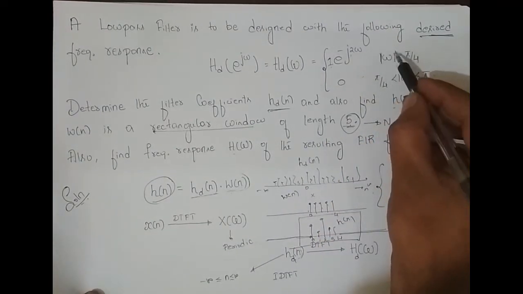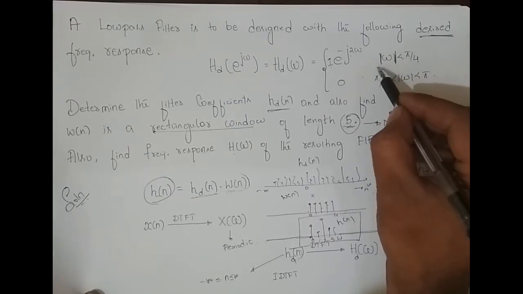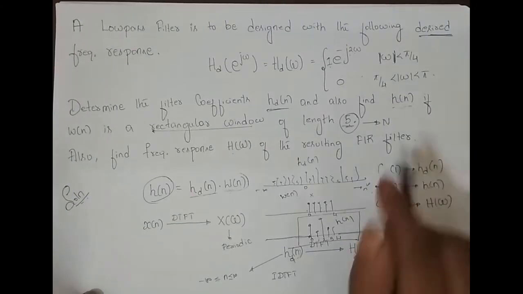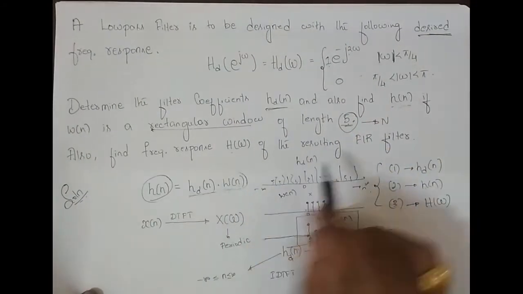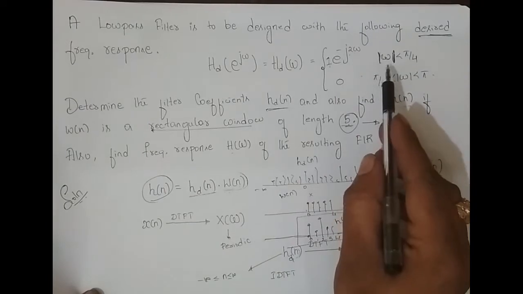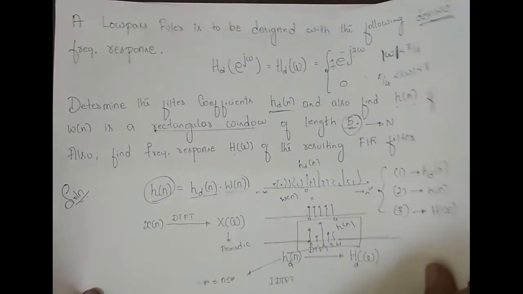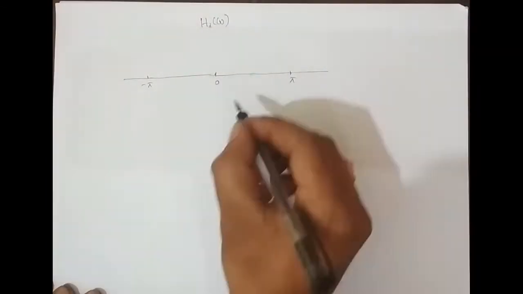When I say magnitude, I have to consider both the positive side as well as the negative side. So don't get confused. Usually magnitude means we consider only the positive side, but in this particular case, whenever he gives the specification for omega in terms of magnitude, you have to consider both positive and negative sides.